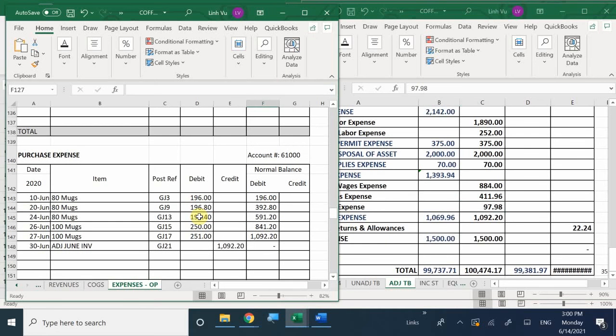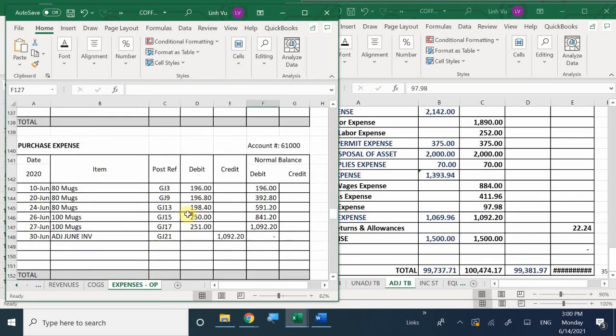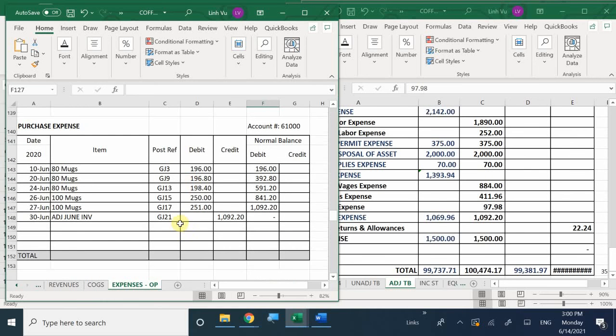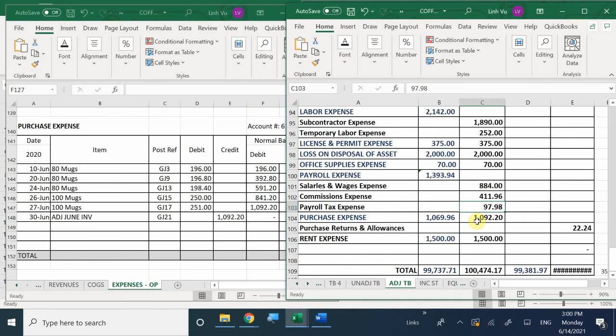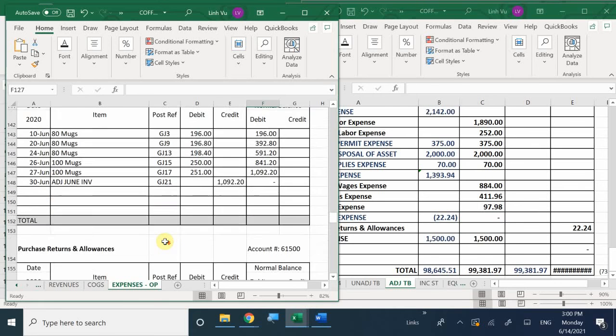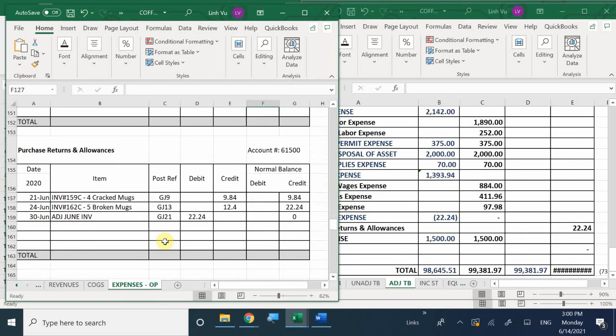Let's see what else has changed. What happened to our purchase expense? It's at 0. What about my purchase returns and allowances?